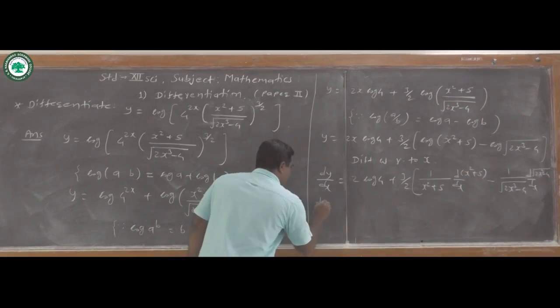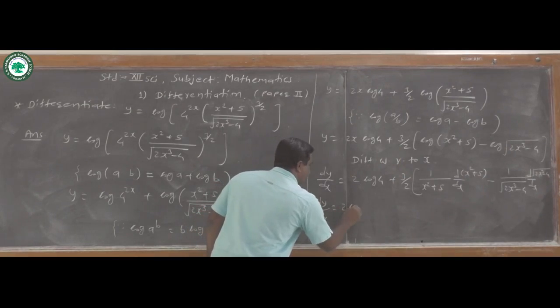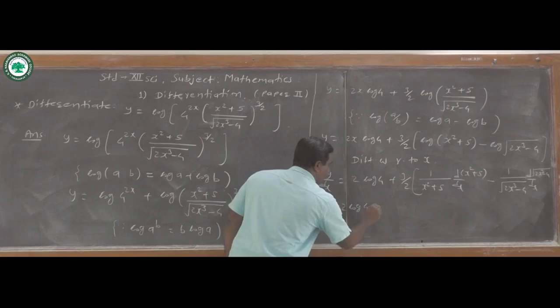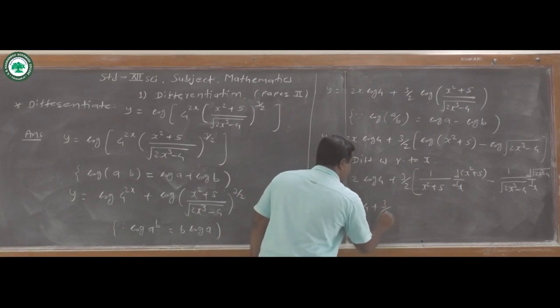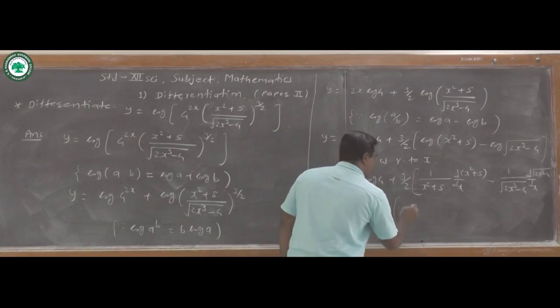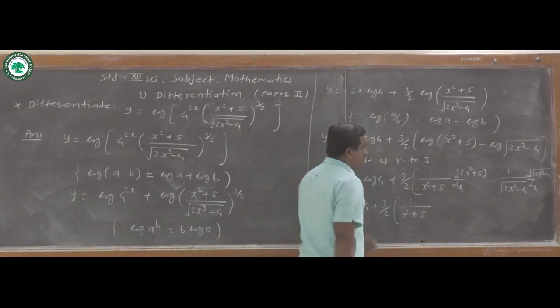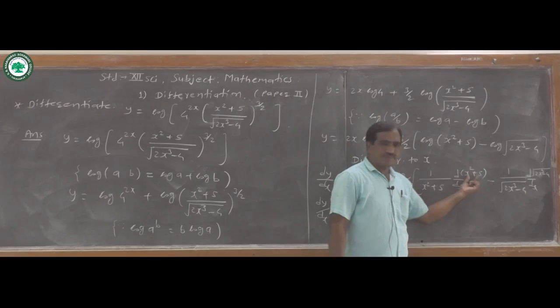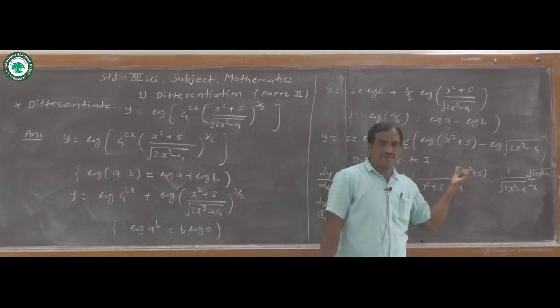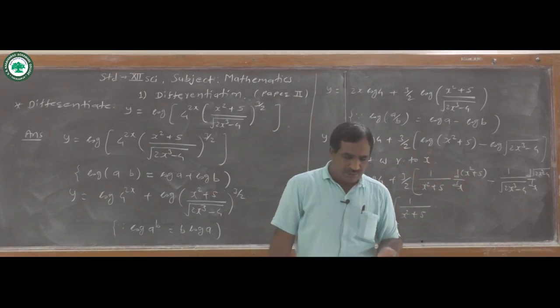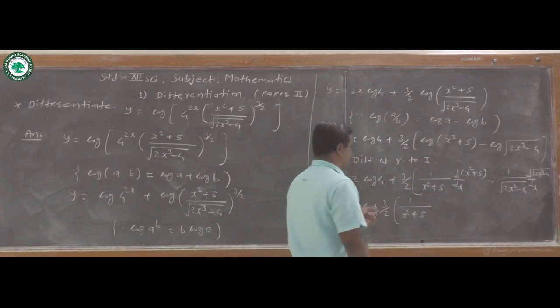Now further, dy by dx is equal to first term as it is 2 into log 4 plus 3 by 2 into, in bracket, 1 upon x square plus 5 into derivative of this. Derivative of x square is 2x, by using formula, derivative of x raised to n equal to n into x raised to n minus 1.